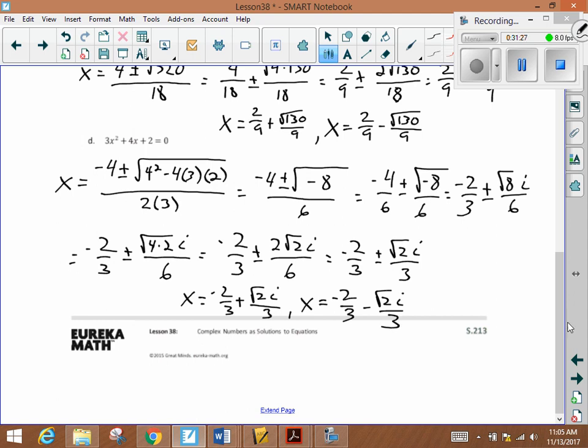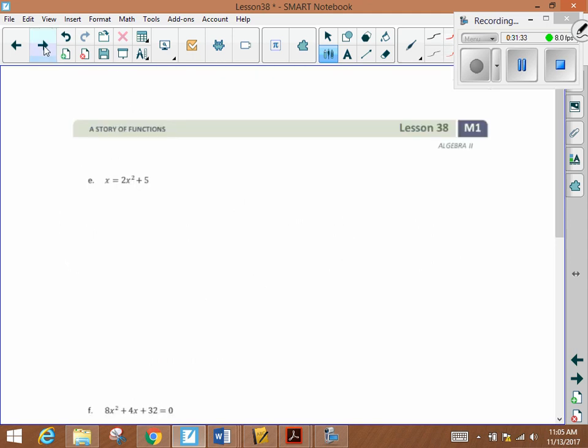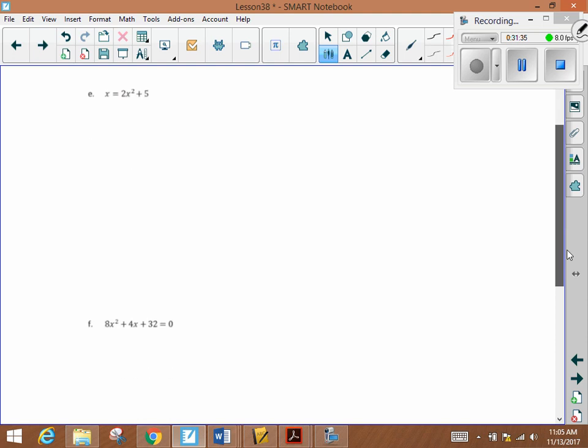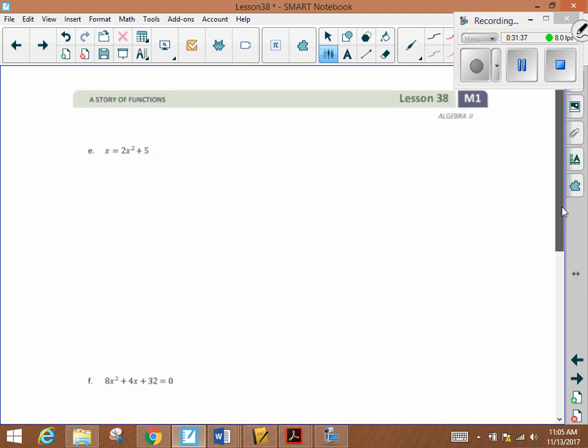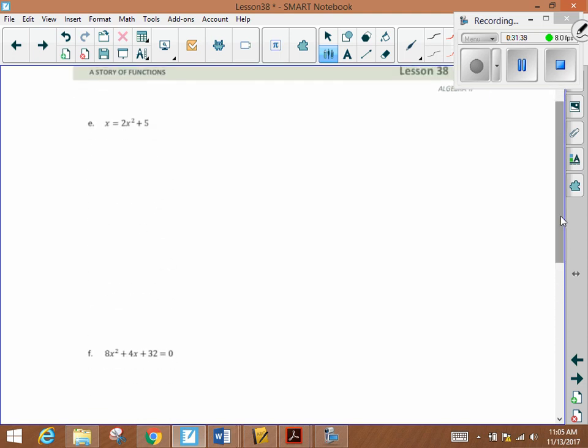Here we go. This one, we got to get 0 on this side, right? So I wind up with 2x squared, I subtract x from both sides, yeah?